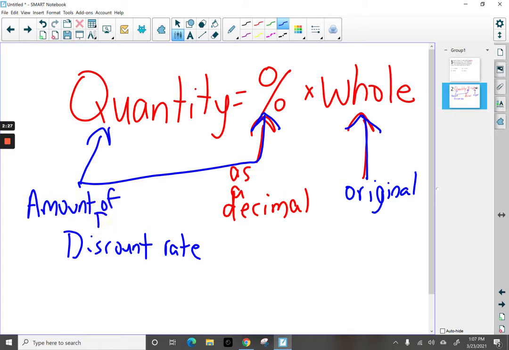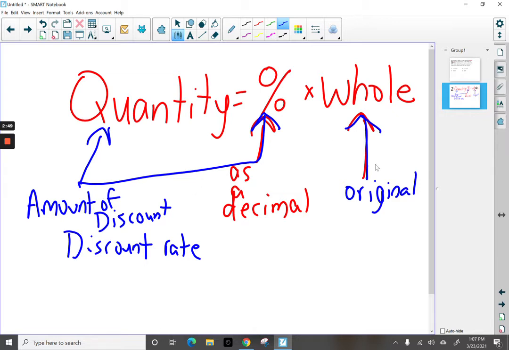And this works for every single thing we are going to be solving with percent. If I know the percent of my sales tax, I'm going to find the amount of my sales tax. It's not going to tell me the new amount after adding sales tax. It's just going to tell me exactly how much sales tax would be.